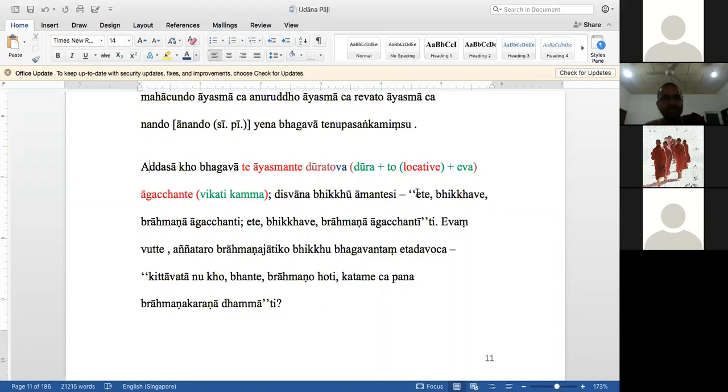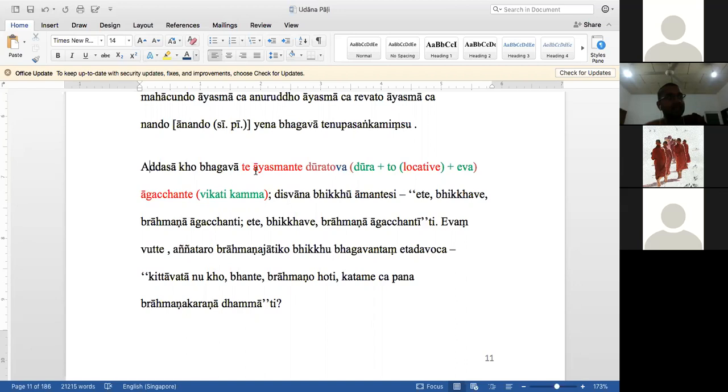So you can see there is no subject in this second sentence, bhikkhū āmantesi. When there are two sentences, sometimes, not always, if the subject is the same or the object is the same, we don't need to mention it in both sentences. Just mentioning it in the first sentence is enough to understand it is being considered in the second.